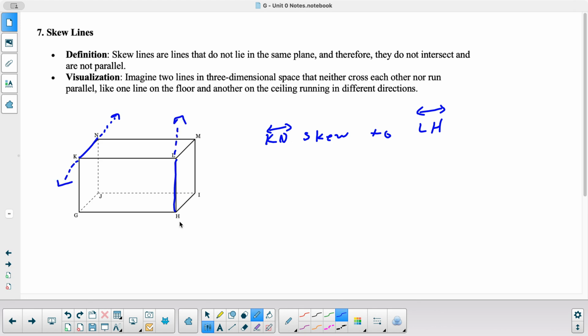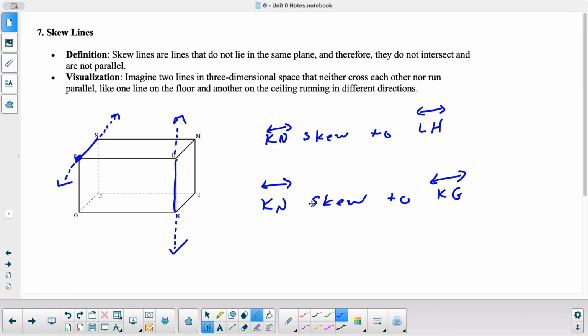So I'm going to put arrows on it. Now don't do line KN is skew to line KG, because those lines clearly intersect right there at point K on a corner.